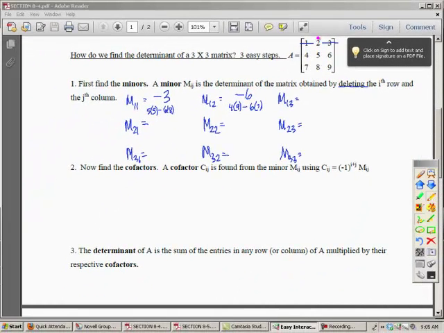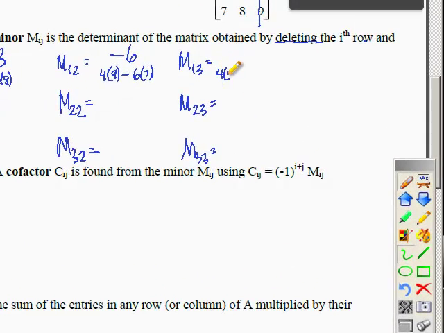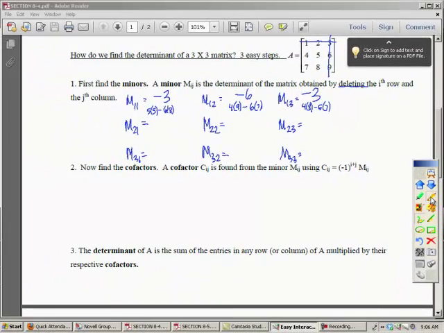Okay, I'm going to erase again. And I cross off now row 1, column 3. I'm left with this 2 by 2 matrix. So 4 times 8 minus 5 times 7. 4 times 8 is 32, minus 35, you get negative 3.